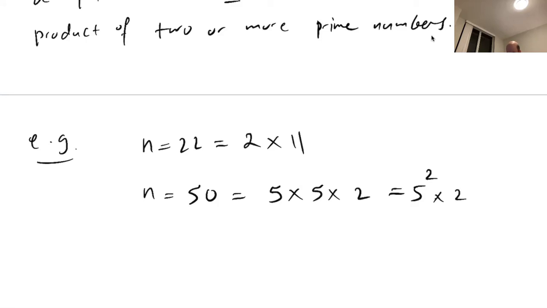We want to show that if n is not prime, then there exists a prime number P, which is a factor of n, and P is less than or equal to root n. So this is what we want to show.